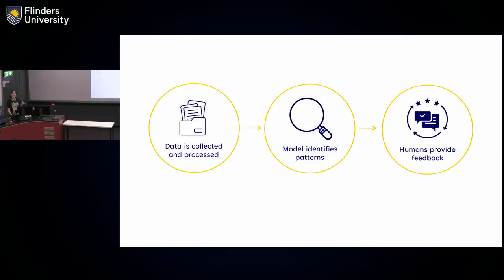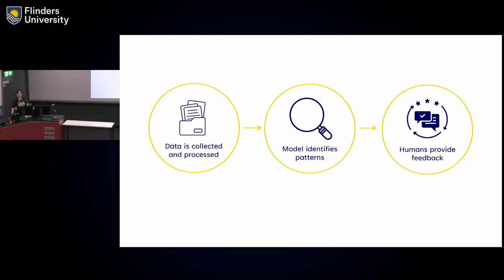When a model powers an AI tool, it is trained to generate text. So if we're thinking about those text-based models like ChatGPT that was on the screen before, when we're thinking about those tools that generate text, a model powers the AI tool to generate text, and that text is based on a large amount of data that's collected and processed.